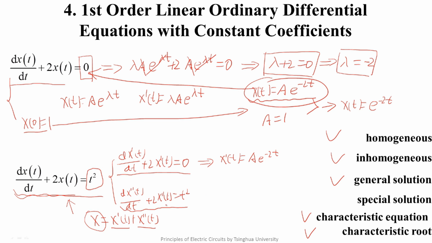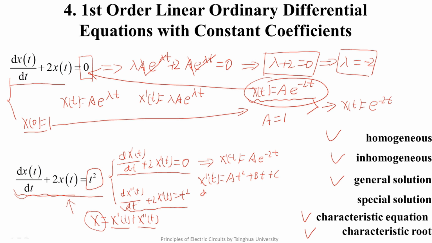What kind of solution can meet this equation? We continue to guess. What x double prime t can meet its first derivative plus 2 times itself is equal to t squared? Naturally, we can guess that x double prime t is a quadratic term. That is, x double prime t is equal to a times t squared plus bt plus c.